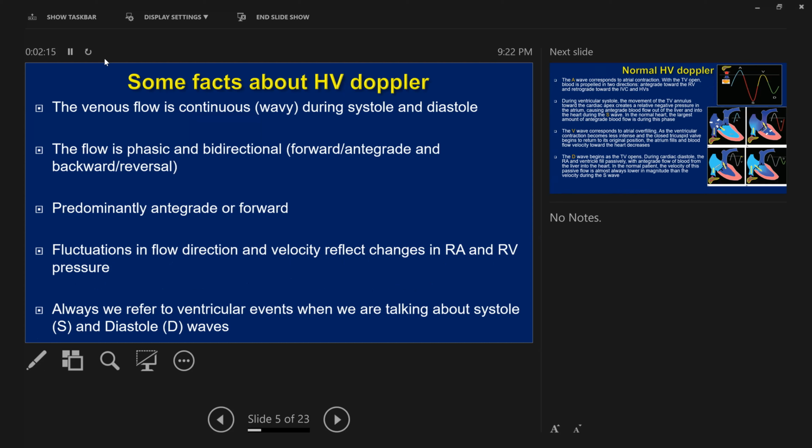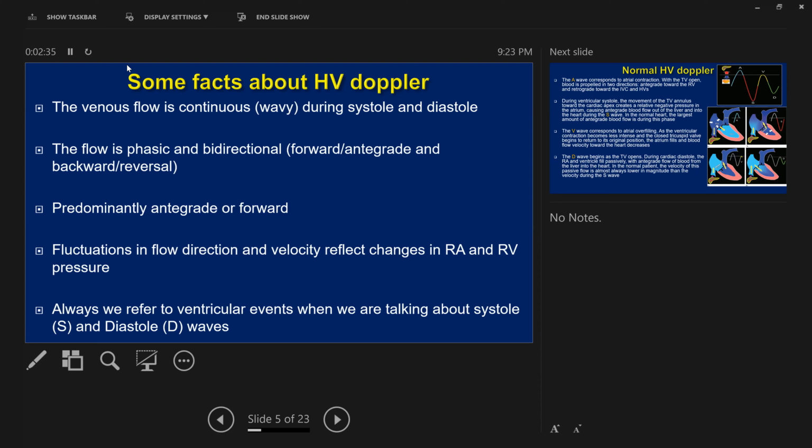First of all, as we said before, venous flow is continuous or wavy. During systole and diastole, it is continuous, while arterial flow is pulsatile. During systole we have flow, during diastole you don't.